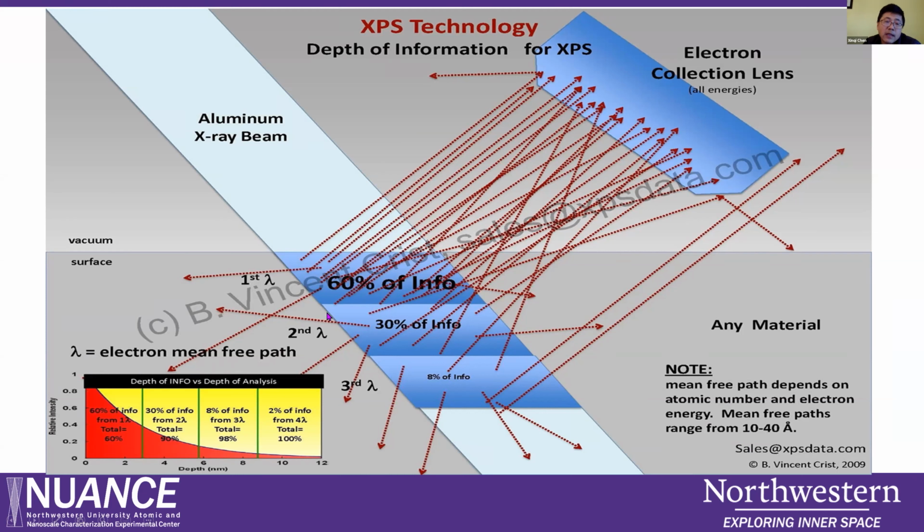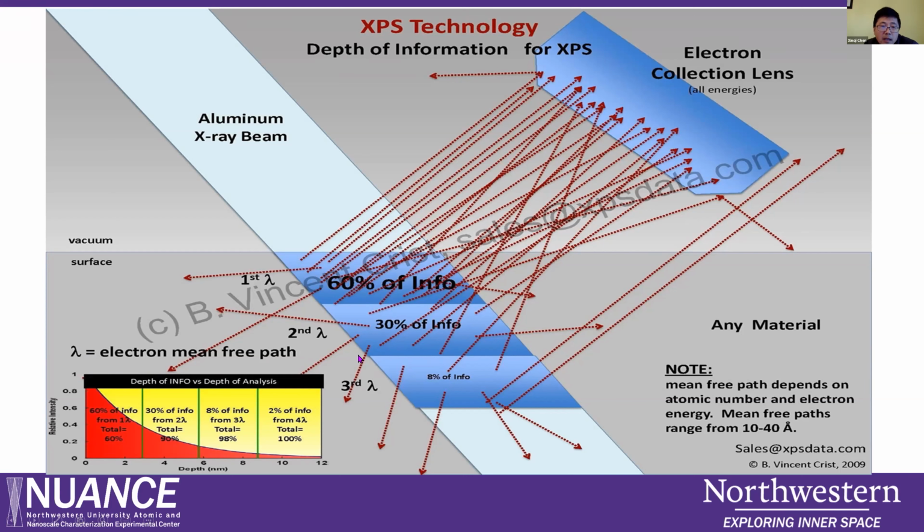Based on this graph, the first lambda, that means the first, like, 3 nanometers, gives 60% of the information. The second lambda is 30%. The third is only 8%.